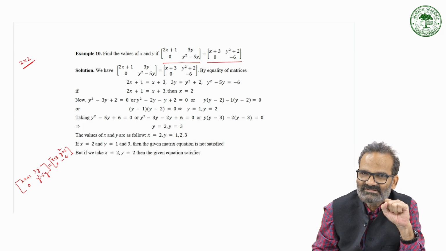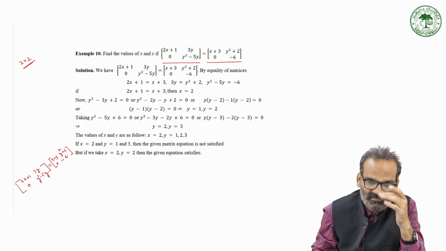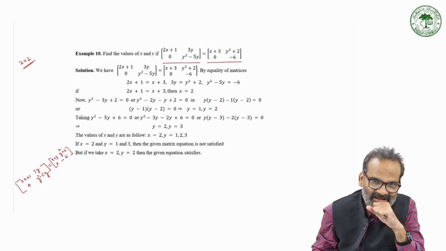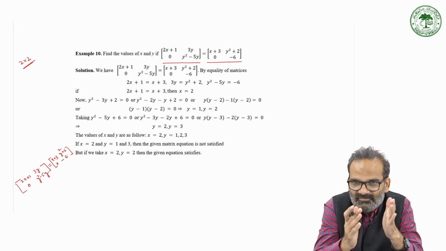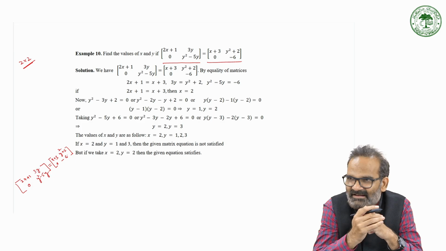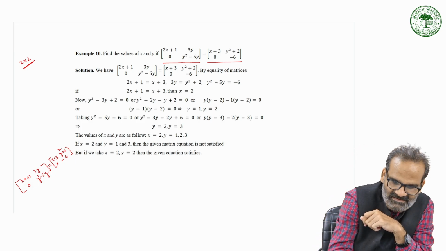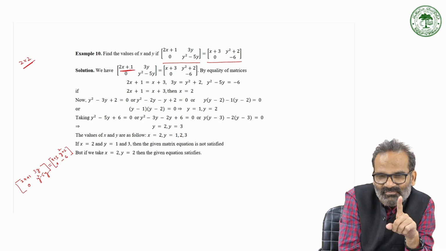And condition 2 says their corresponding elements are equal. And what are the corresponding elements? Corresponding element means the first element of the first row and first column of the first matrix should be equals to the first element of the first row and first column of the second matrix, and then so on. So 2x plus 1 is the first element of the first row and first column of the first matrix.